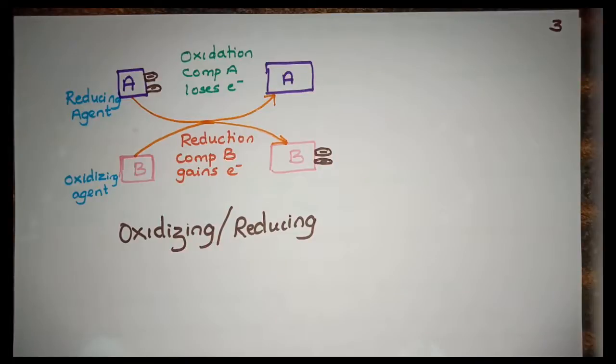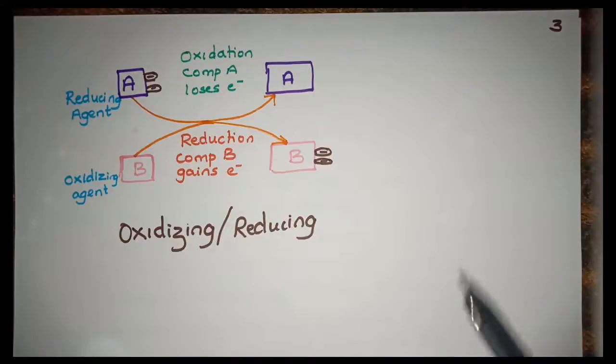Now you might be wondering, why exactly do I need to study all this? Many times for certain reactions to take place, you might have to add certain reducing agents, certain oxidizing agents, and so on. And maybe you should also be able to predict the compounds that would be formed.